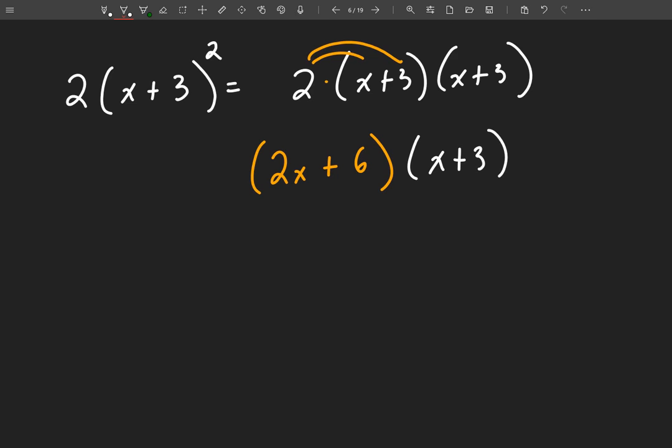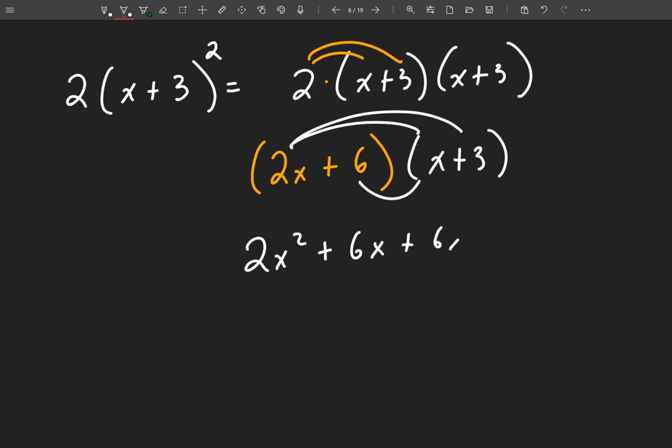And now, let's actually multiply this all out. And so I get 2x times x, which gives me 2x squared. And I get 2x times 3, which gives me 6x. I have 6 times x, which gives me 6x. And then 6 times 3, which gives me 18.